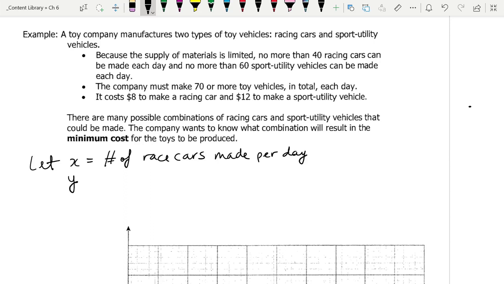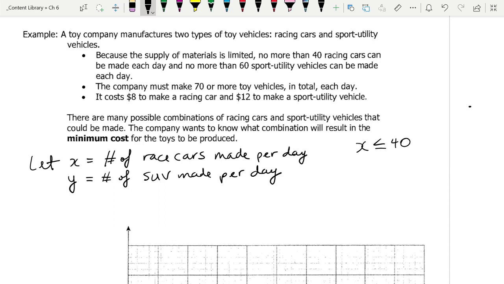And we'll let Y equal the number of SUVs made per day. So there's X and Y. Now let's start making our inequalities. What are the things that limit us? No more than 40 race cars. So X is less than or equal to 40.